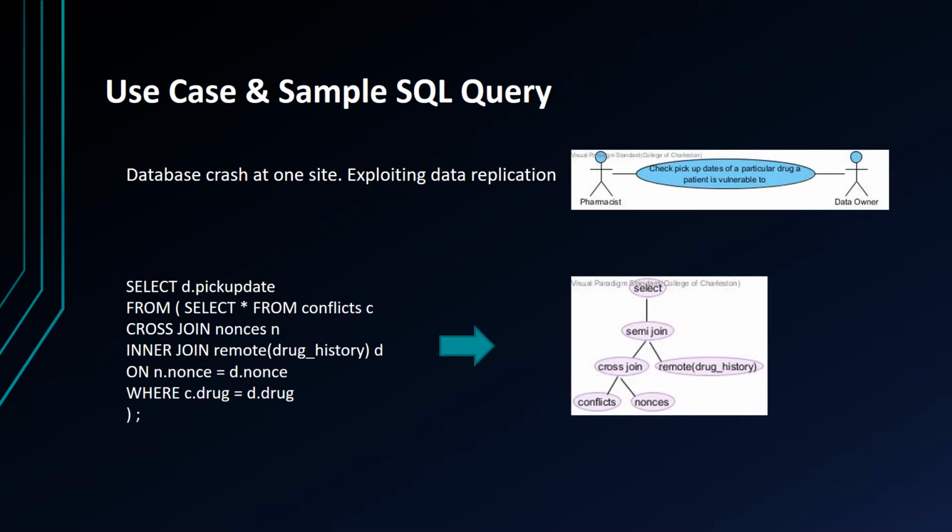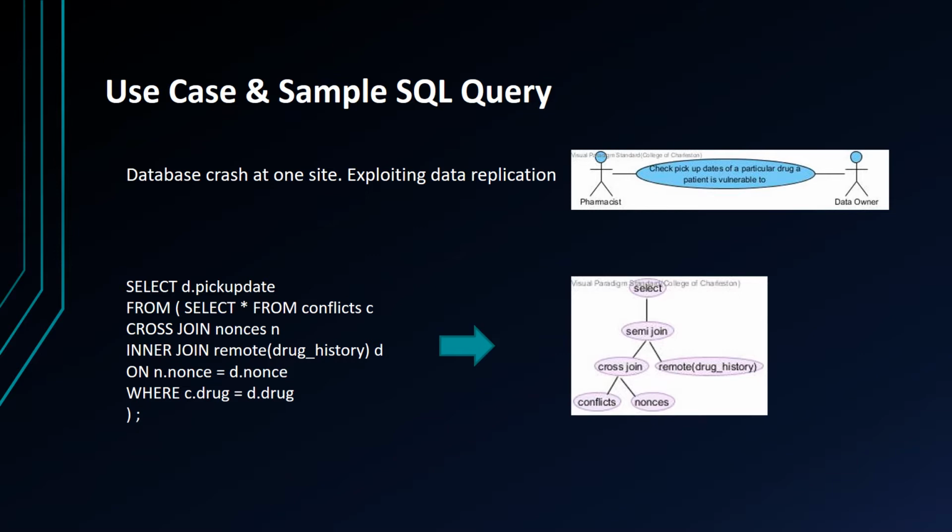Nonces are patient-specific information which was found in a global search. These are a combination of SSN and other patient unique identifier information. So the original query, which is housed on the query asker site, is: select the pickup date from a subquery.